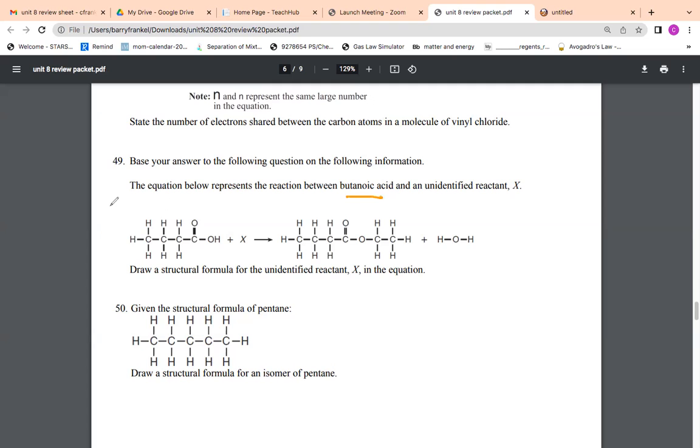That's an organic acid. I don't know what this reactant is, but I have a pretty good idea at this point. Okay, and I can see here that my product, this is an ester. So I know that this is esterification. Okay, in esterification, my other reactant is always going to be an alcohol.